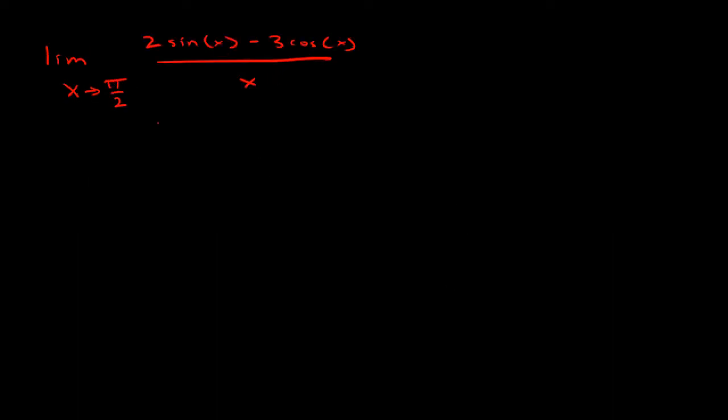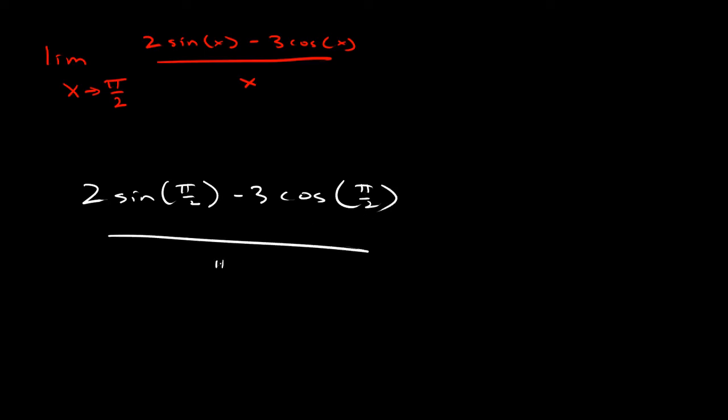It looks like we can just use direct substitution here. This just simplifies to 2 times sine pi over 2 minus 3 cosine pi over 2 over pi over 2. Okay, well, what's sine pi over 2? Sine pi over 2 is equal to 1.